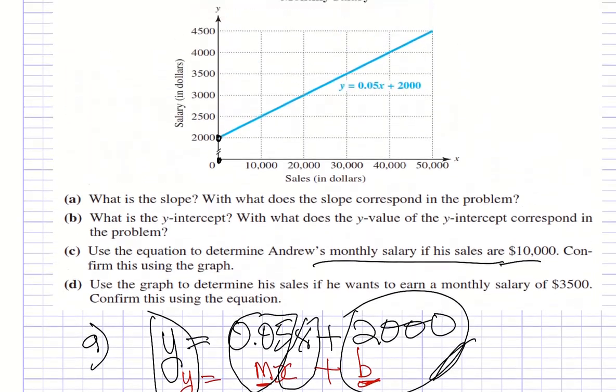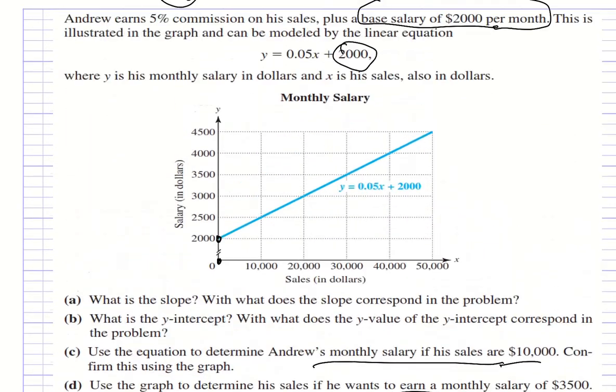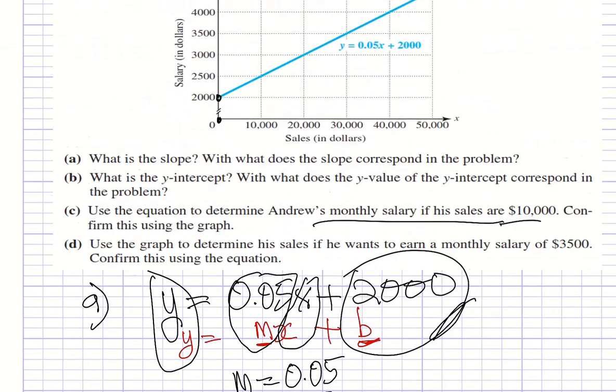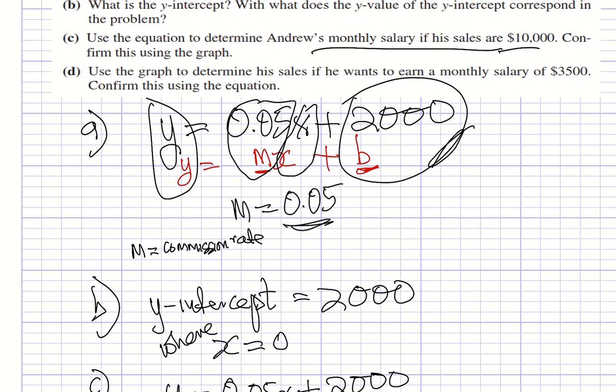Let me figure out what I'm doing. It's up here: M is the commission rate. Because I don't have any more space, we're going to do D here.